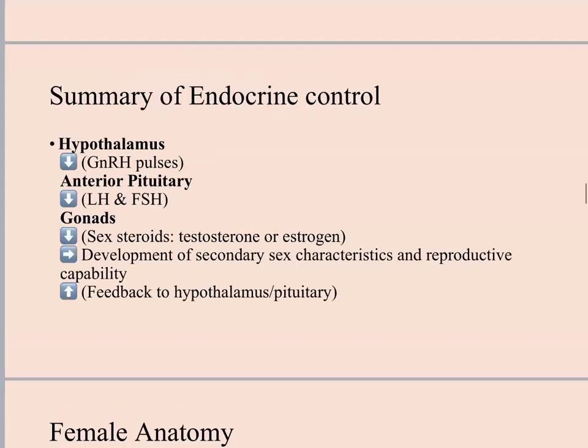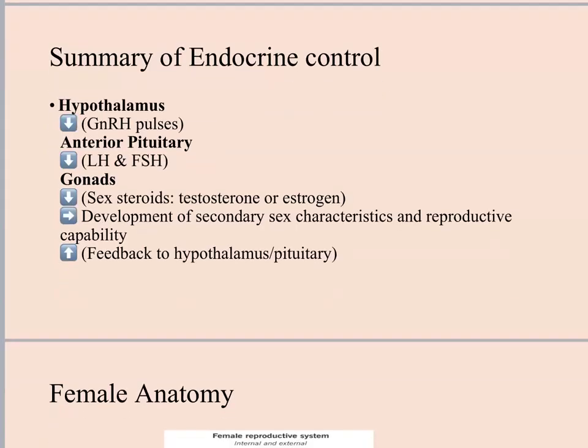So, just a little summary of endocrine control. The hypothalamus starts the whole gonadotropin releasing hormone pulse, which trickles into the anterior pituitary gland, which releases the luteinizing hormone and follicle stimulating hormone. Remember, the targets of those are the gonads, so either the testes or the ovaries.